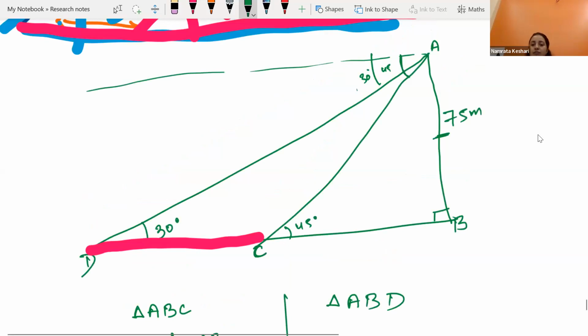So tan 45 degree is equal to, can we say, AB by BC? Can we? Yes, ma'am. Now for the complete triangle, can we say that tan 30 degree is equal to again AB by BD? Can we? Yes, we can say, ma'am.